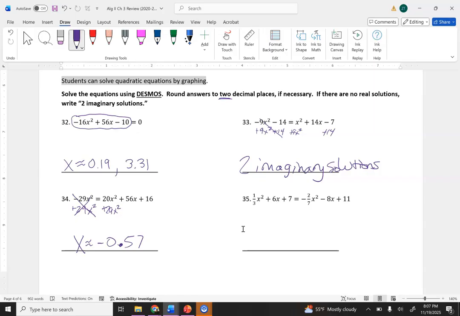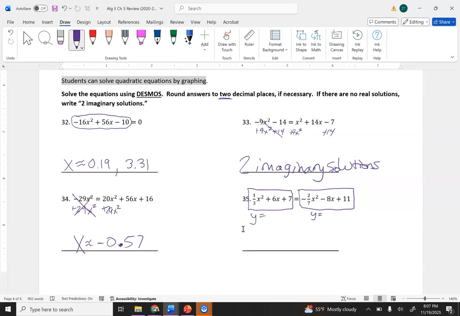All right, for number 35, let's once again try method number 1 where you type in one side as its own function and the other side as its own function. I don't really want to mess with adding fractions together.